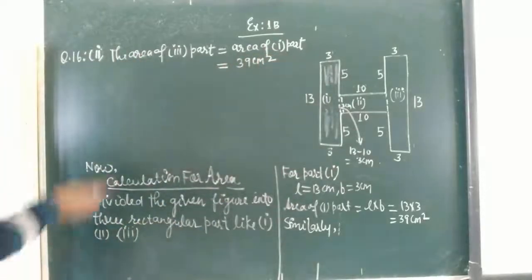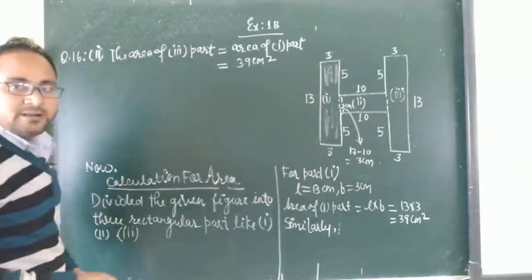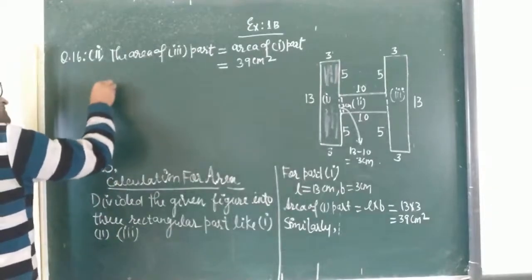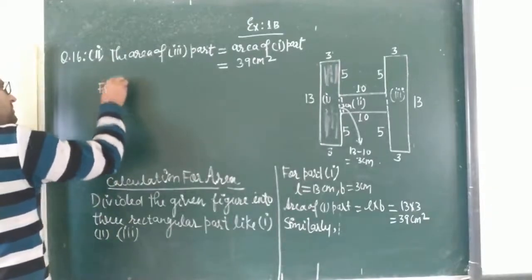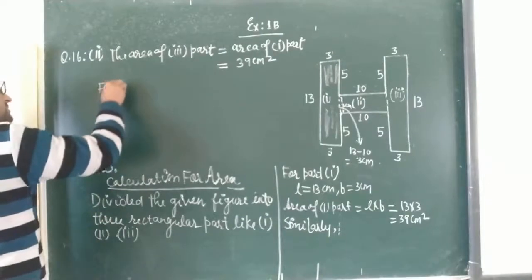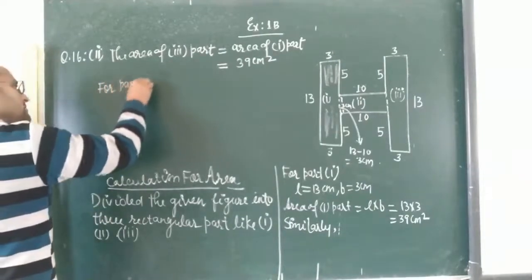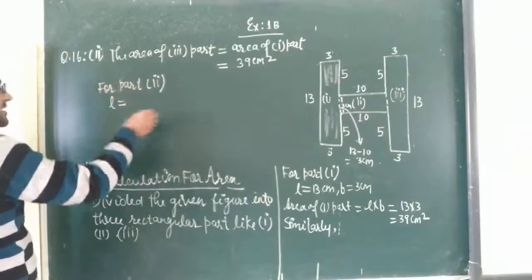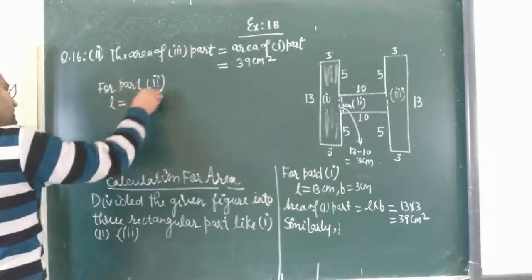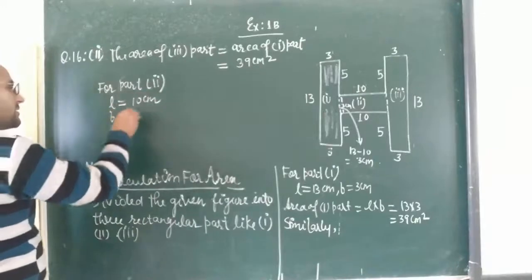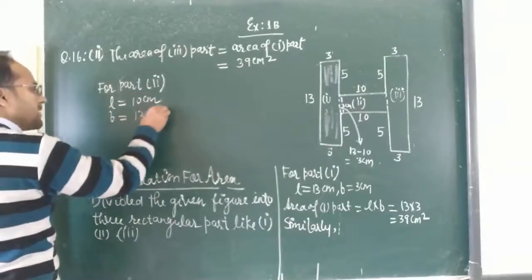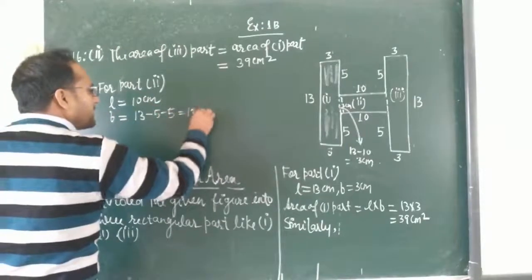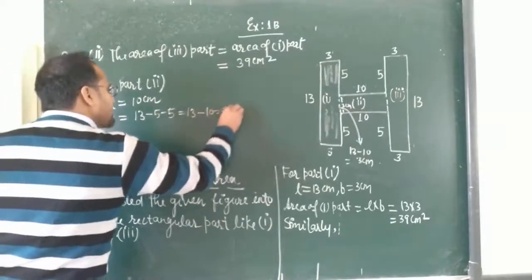Okay, students, so we have the area of the first and third parts. Now our aim is to find the area of the second part. For the second part, length is equal to 10 centimeters, and breadth we calculate here: 30 minus 5 minus 5 is 10, we will get 3 centimeters.